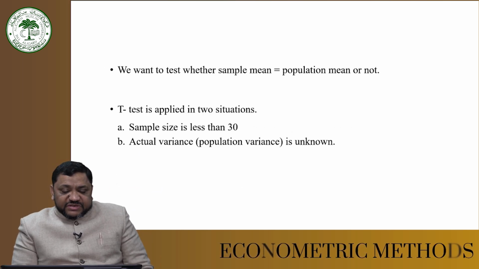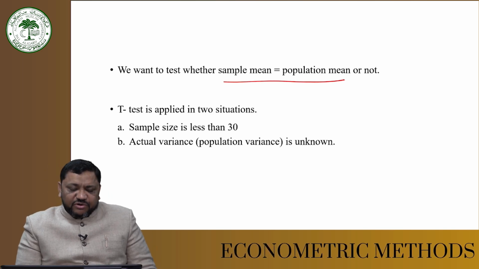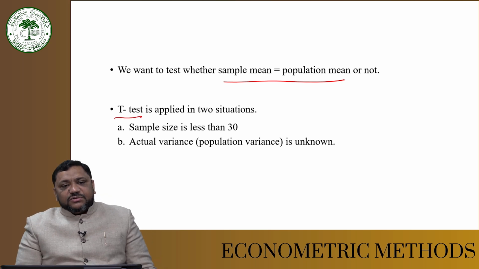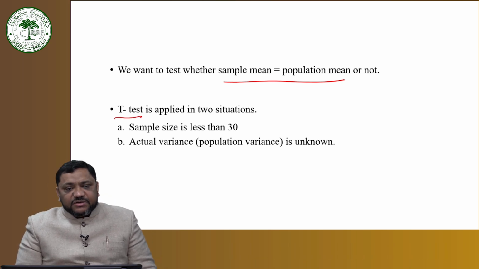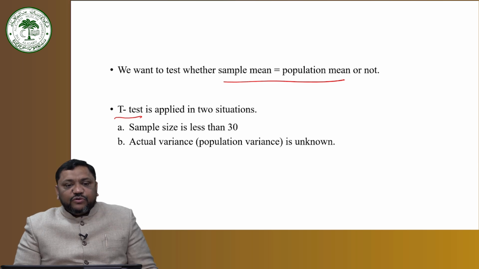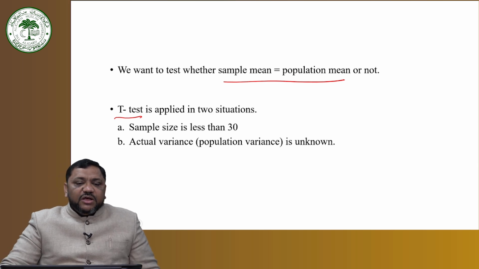When we want to test whether the sample mean is equal to the population mean or not, we do the t-test. The student's t-test is applied when two conditions are met. First, the sample size is less than 30, and second, the actual variance, or the population variance, is not known.